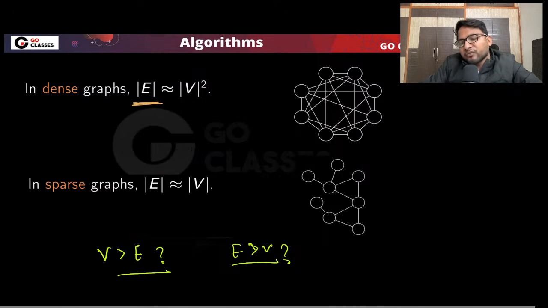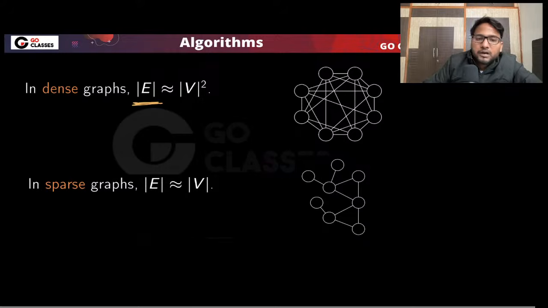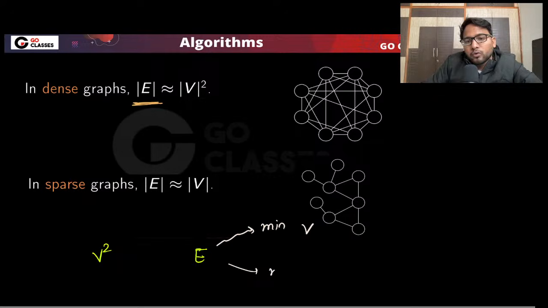And if you compare V square and E, which one is greater? See, E minimum can go to V, and maximum it can go to V square.